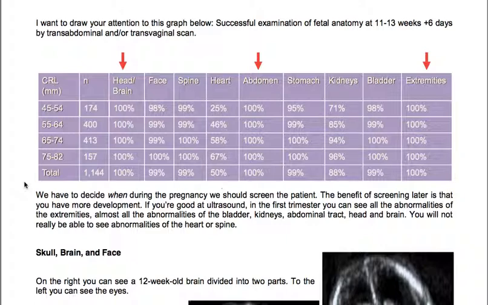If you are good at ultrasound, in the first trimester you can see almost all the abnormalities of the extremities, almost all the abnormalities of the bladder, kidneys, abdominal tract, heart, head, and brain. But you will not be very able to see abnormalities of the ear or spine.